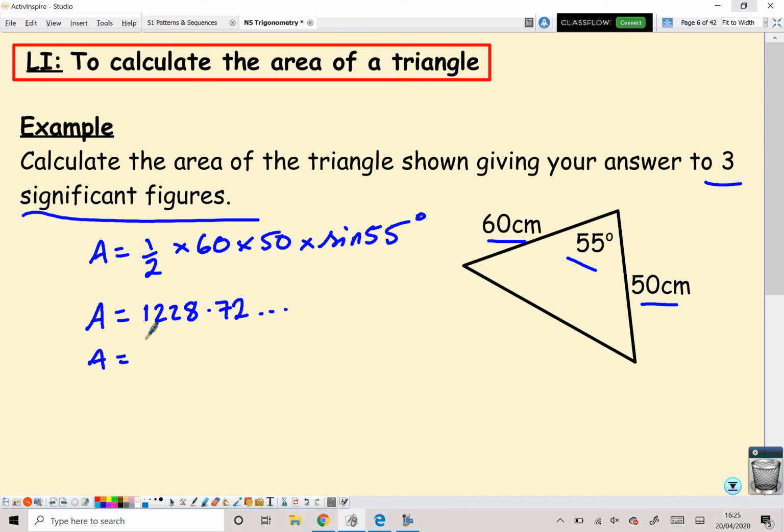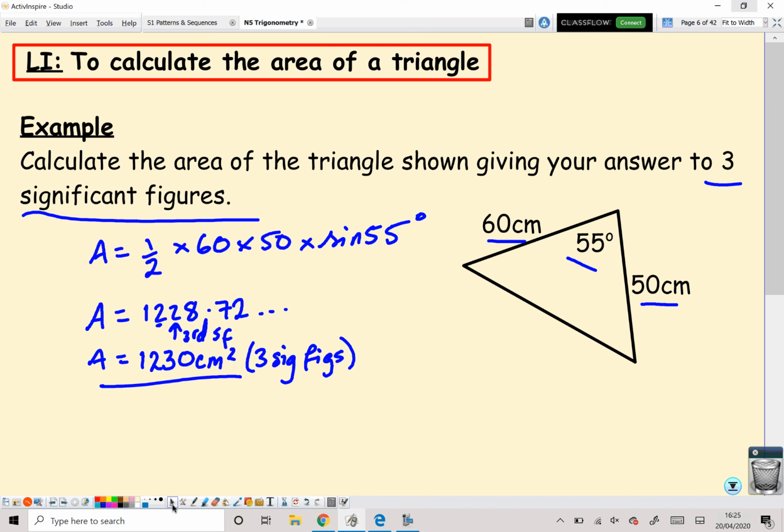So remember, the digit 1 here is the most significant, so that's the first significant figure. Then we work in from the left, so this is the second, and then this will be the third significant figure. So we round, that is a tens digit, so we round to the nearest 10, so 1, 2, 3, 0 centimetres squared to 3 sig figs.